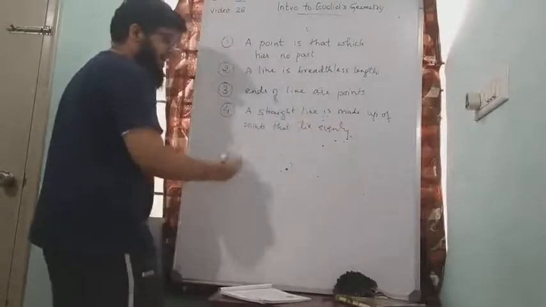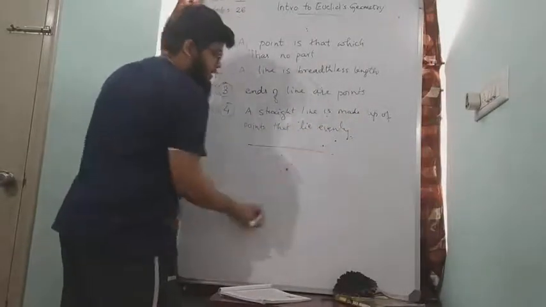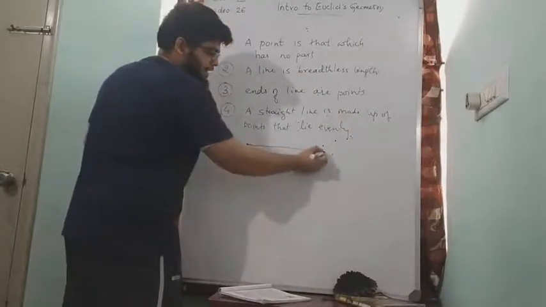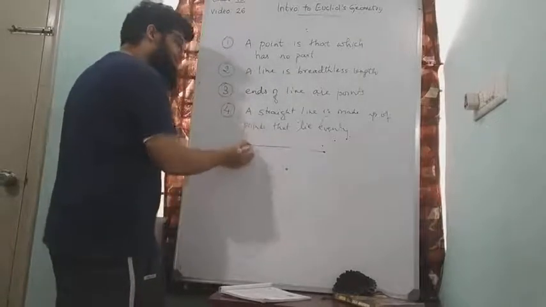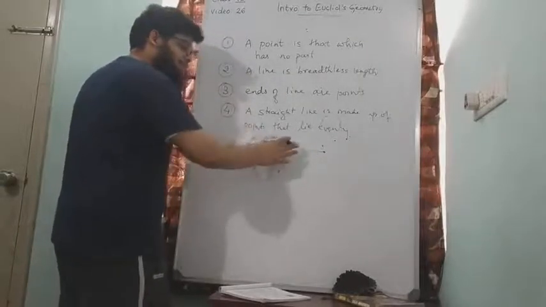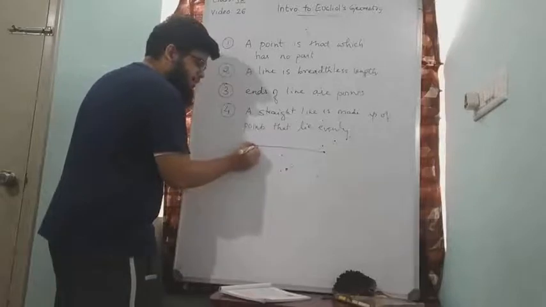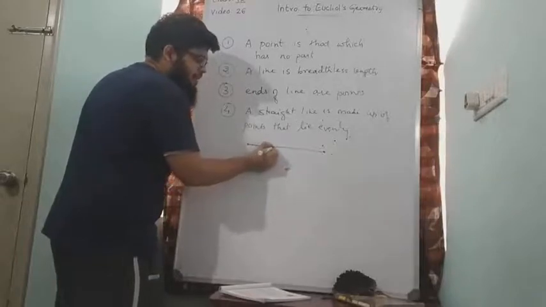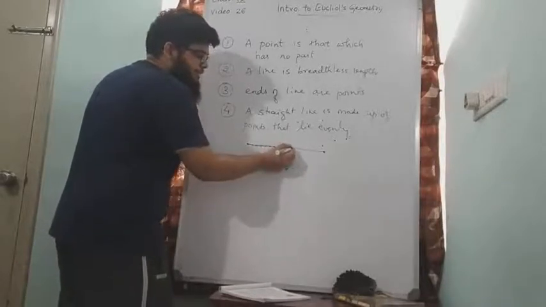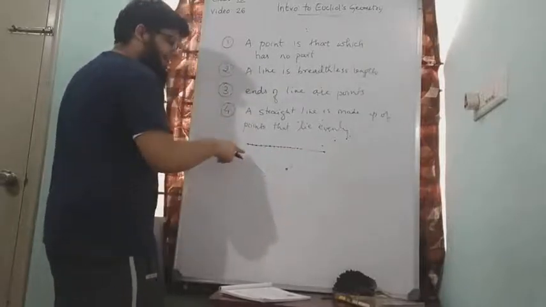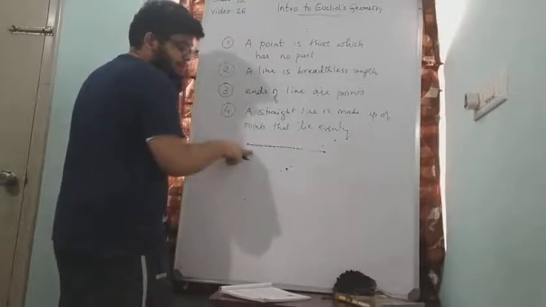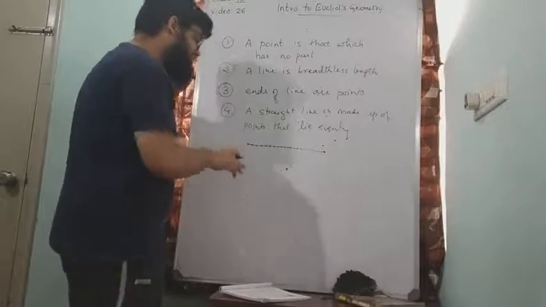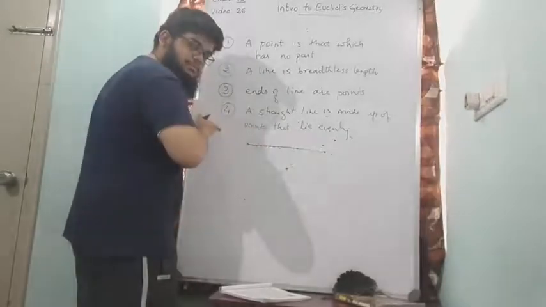That means if I have a straight line, there is a starting point and an ending point, and the entire line is made up of points. If there are no points in between, the line cannot be made. And these points are laid evenly. It means they have to come in the same direction.